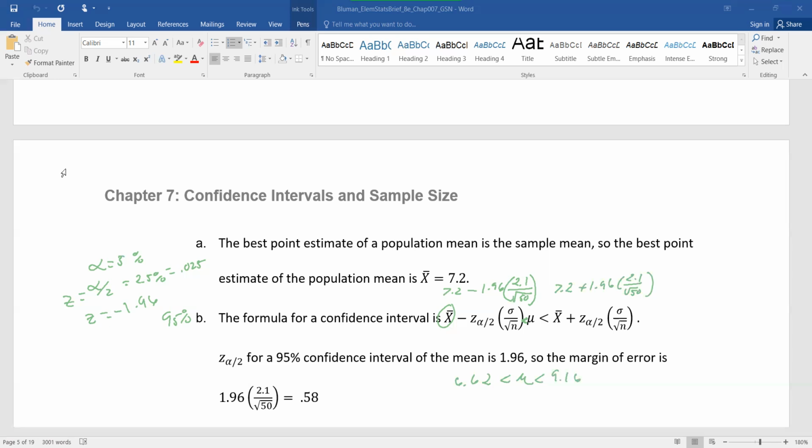9.16. Perfect. You might want to check that. Oh, you can't just do that. You have to do 1.96 times 2.1 over the square root.